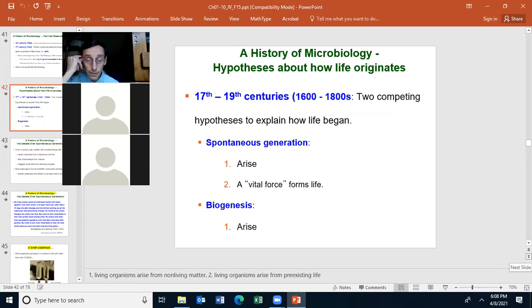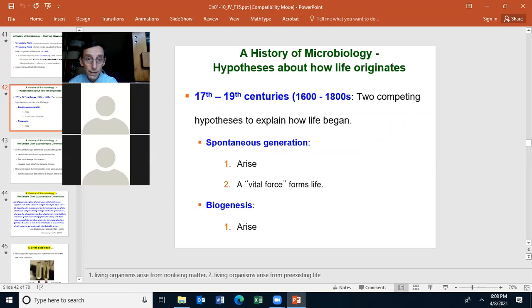was concerned with the generation of life. There were two competing hypotheses for how life originated. And this was from about 1600 to sometime in the 1800s.